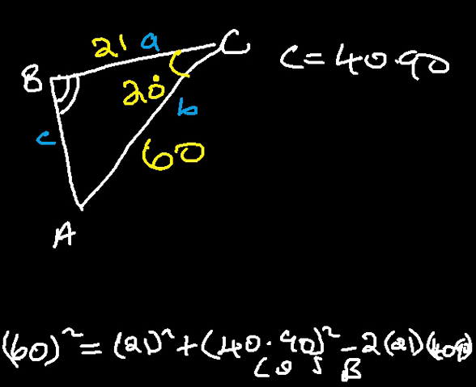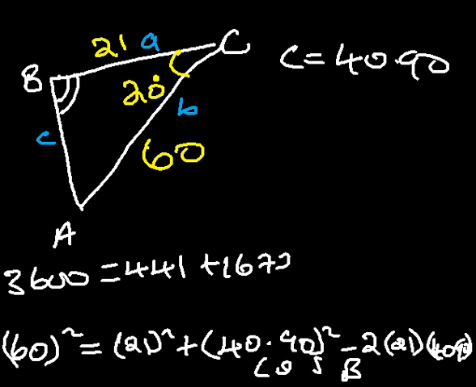Let's now have 60 to the power 2, which is 3,600, equal to 441 plus 40.90 to the power 2, which is 1,672.81, and minus 21 times 40.90 times 2.